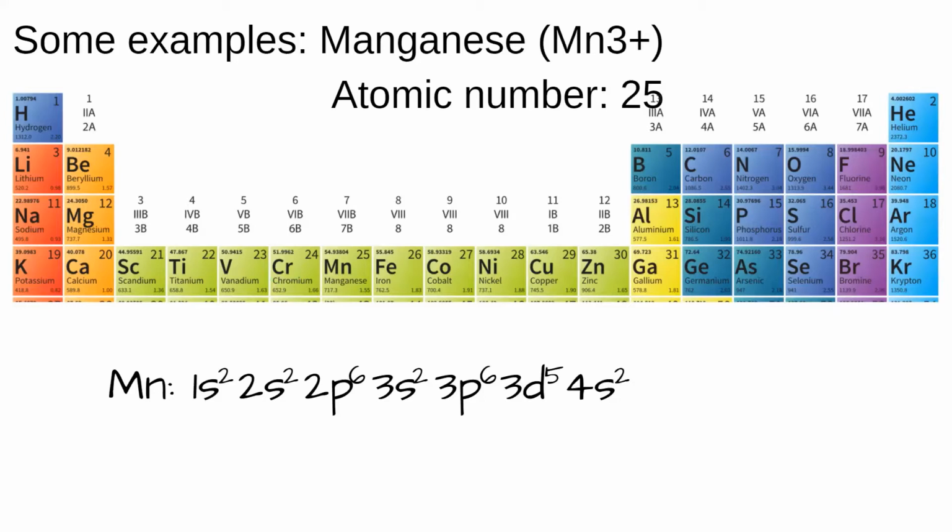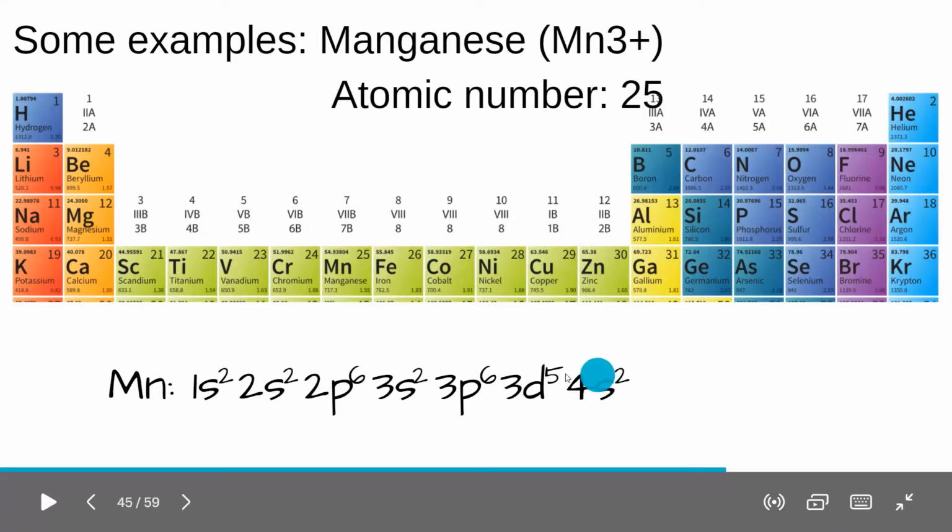And that's why before I mentioned that you should write the 3rd shell sublevels together, so the 3s, 3p, and 3d orbitals together, and then write the 4s at the end. Because what that then means is you're just taking them from the end, and then once these are gone, then you can move to the next sublevel.